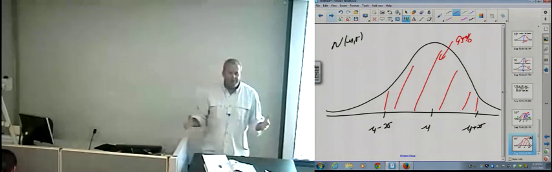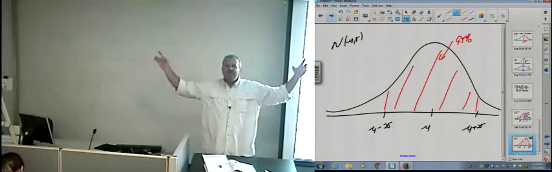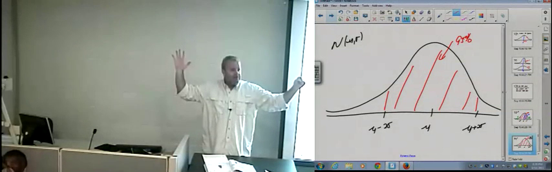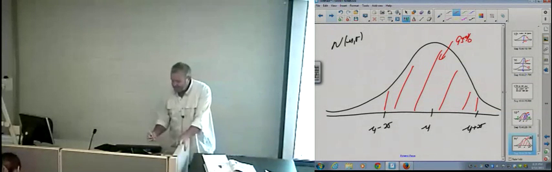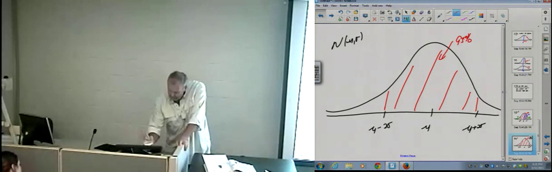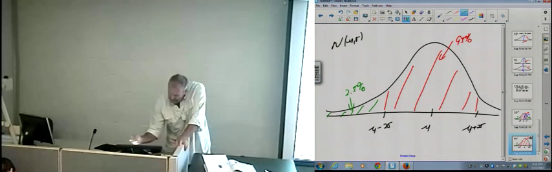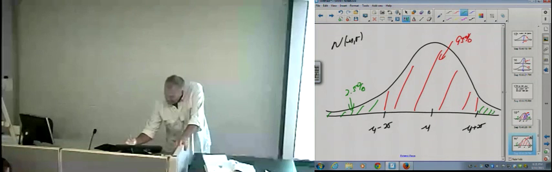If there's 95% that I have there, how much is in the tails? How much is left over? What's left over is 5. There has to be half and half. So out here, there must be 2.5%. And out here, there must be 2.5%.